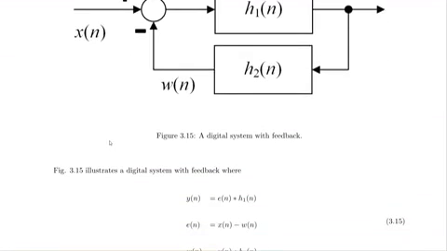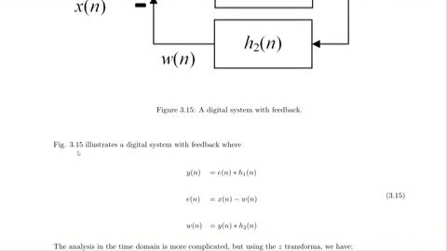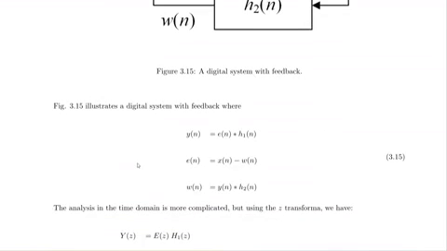Now we want to use the Z-transform to solve the problem. The above figure illustrates a digital system with feedback where y of n is equal to the error e of n convolved with h1 of n. Error is equal to the input x of n minus w of n, and w of n is equal to the output y of n convolved with h2 of n.